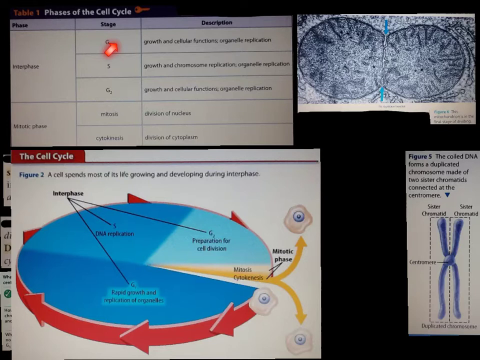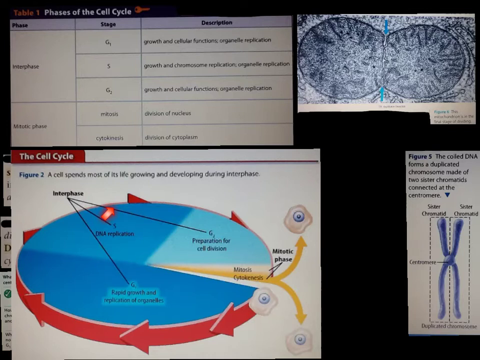During the second stage of interphase, the S stage, a cell continues to grow and copies its DNA. There are now identical strands of DNA. These identical strands of DNA ensure that each new cell gets a copy of the original cell's genetic information. Each strand of DNA coils up and forms a chromosome.